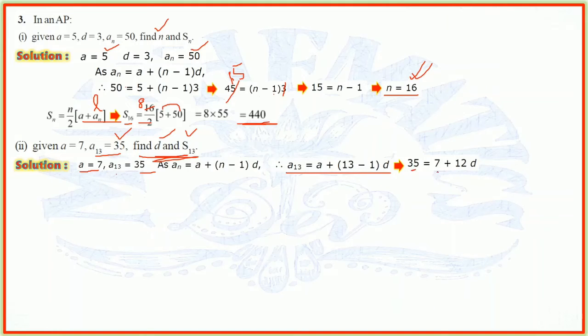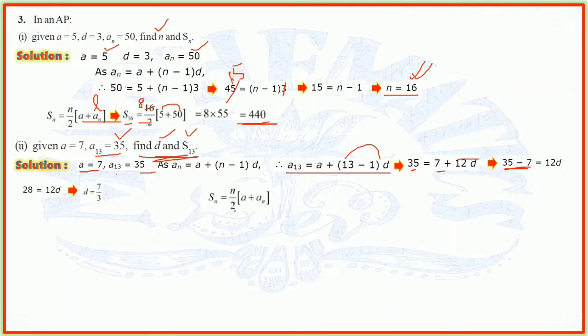A is given 7 and 13 minus 1 is 12, so 12d. So 35 minus 7 is equal to 28, and that is equal to 12d. So d is equal to 28 by 12, which is 7 by 3. So d we got is 7 by 3.